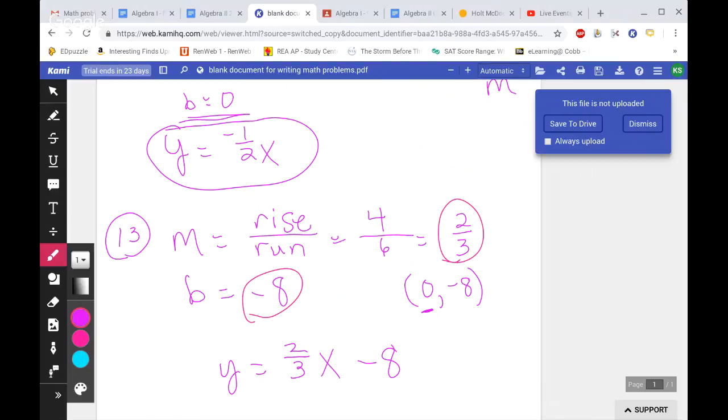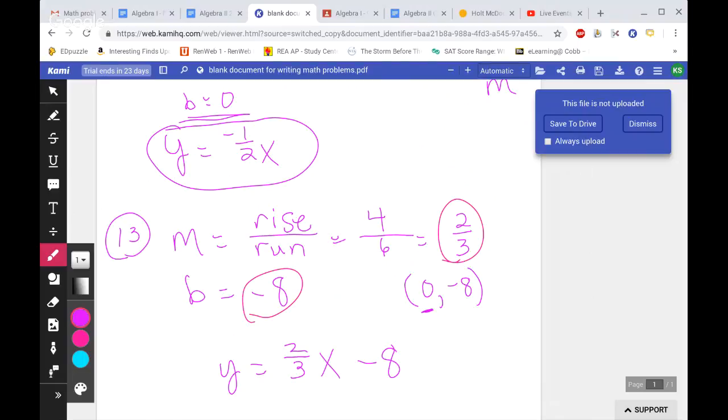So you can do it rise over run by counting, or you can do it by actually using the slope formula to calculate the slope. So I'll be getting to a couple of those to show you how to do those as well so that you have some examples. Okay? Thank you. You're welcome. Great questions. Y'all are asking great questions this morning. So proud of you.